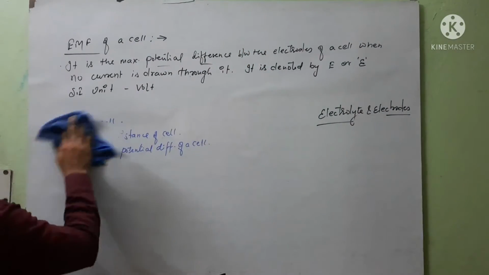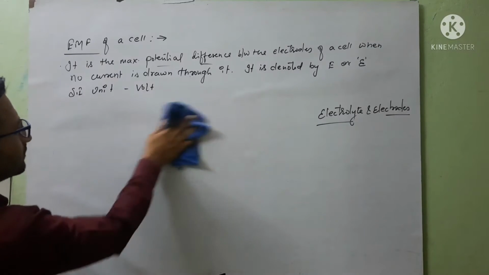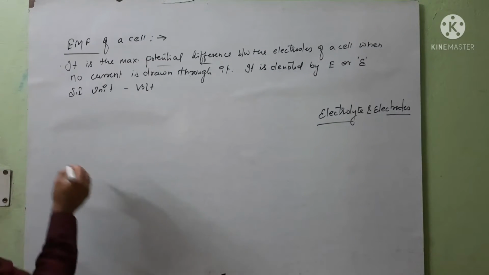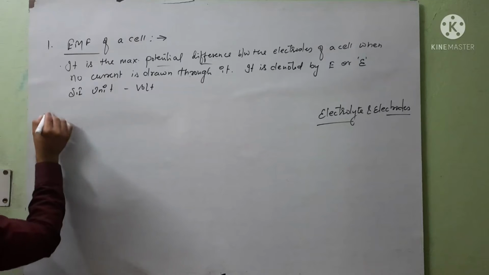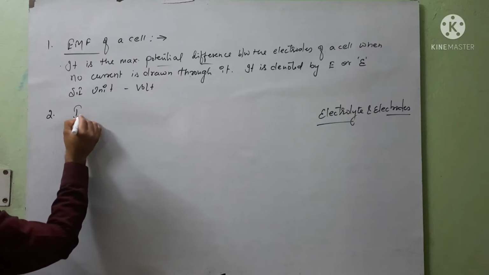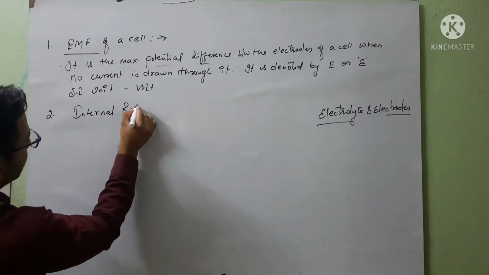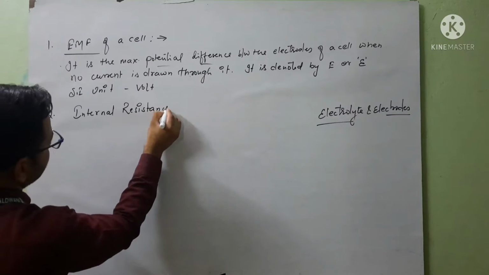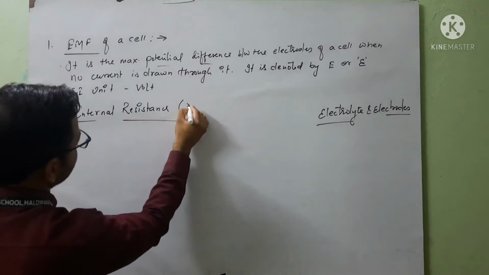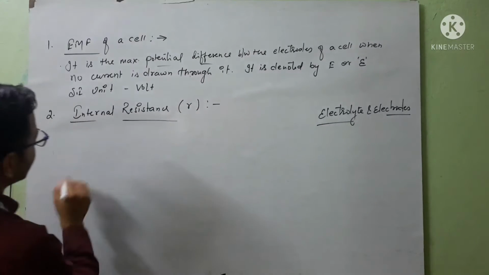So the next one is the second definition: internal resistance. It is denoted by the small r symbol.